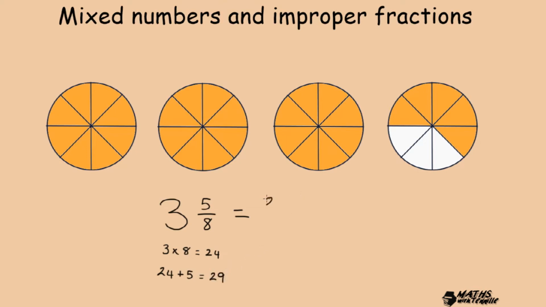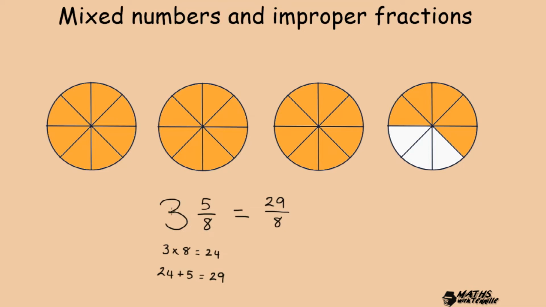So the 29 becomes my numerator, and the 8 remains as a denominator. So the number of slices that make up the whole is always going to be the denominator. So let's look at that again. This 3 represents my whole pizzas. In each of my pizzas, I have 8 slices.